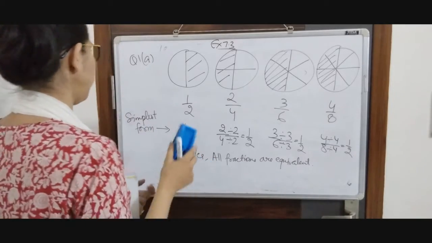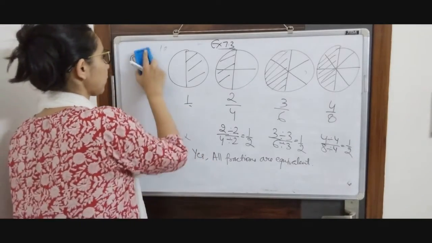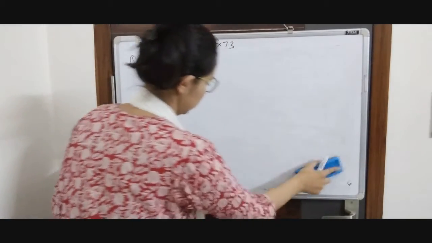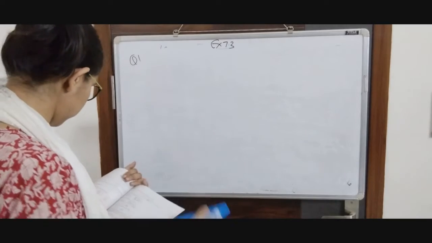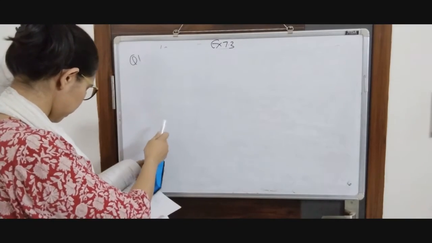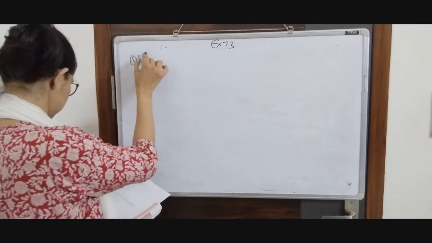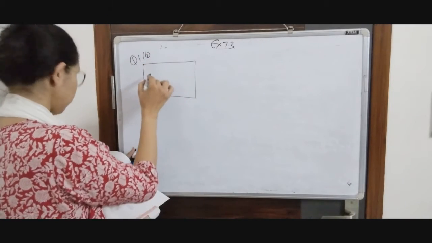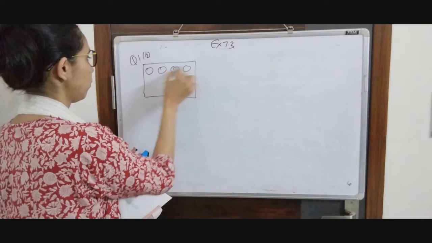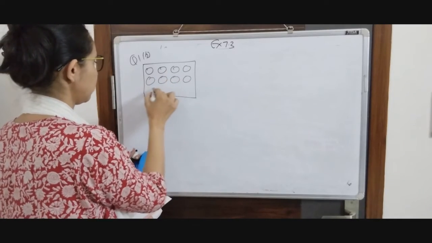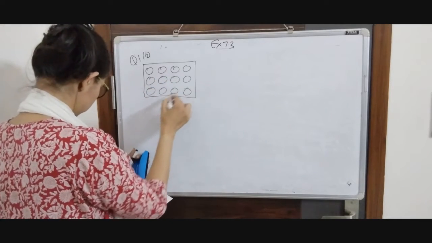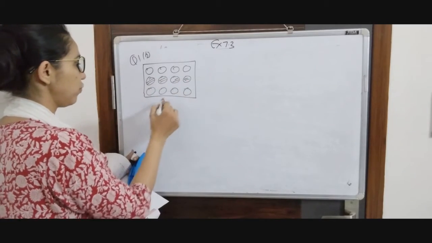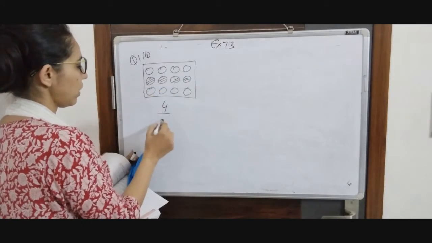So we are going to do the B part also. In the B part, we have a figure like this. Okay, this is a bit complicated figure, but still, here we have 1, 2, 3, 4, 5, 6, 7, 8, 9, 10, 11, 12. Okay, and in this these are shaded. So the fraction will be 4 and total are 12.